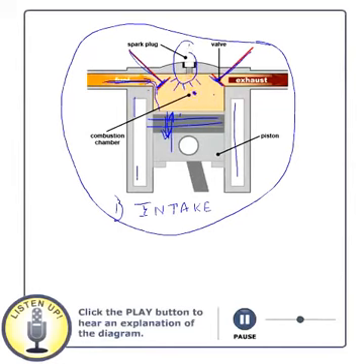When this mixture is compressed to the predetermined pressure, at that time the spark plug ignites this mixture, and this flame front travels all the way and burns all this fuel, and this fuel reaches very high temperatures, and it pushes the piston all the way down. So this is actually the power stroke.